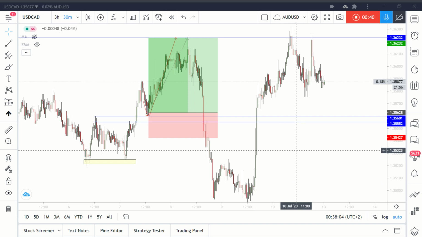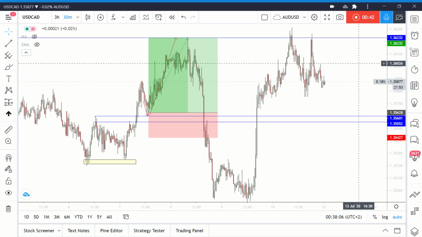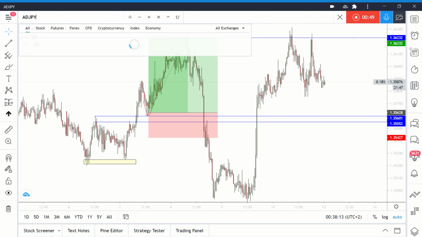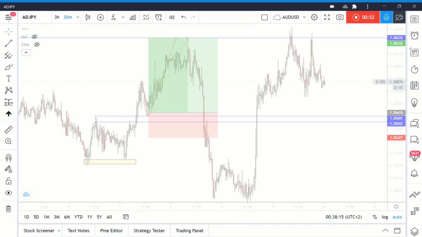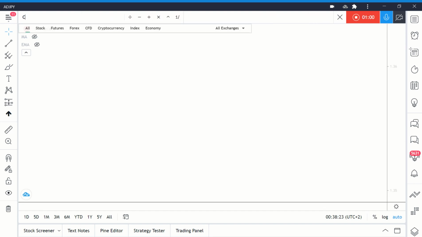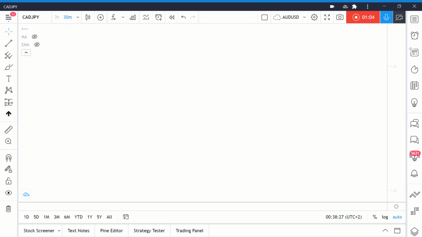So first thing here, on your chart you can see this was a trade that we had taken last week on the USD CAD. But before I even dive into the USD CAD, I just quickly want to look at the CAD JPY. If you guys recall correctly, we did have a short position on the CADJPY, and we did actually hit our take profit.